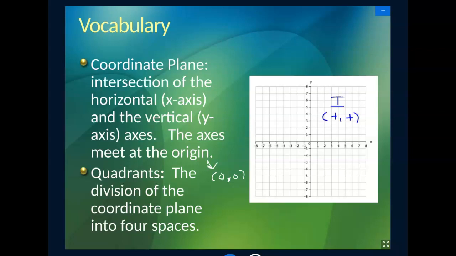Quadrant 2 is to the left of quadrant 1, and it is made up of the negative positives. So the x values are negative and the y values are positive.